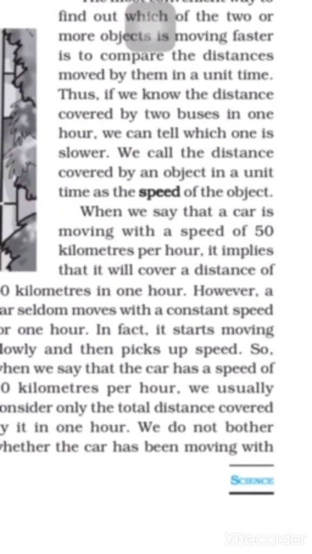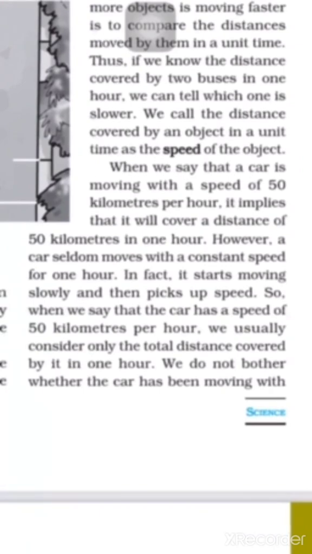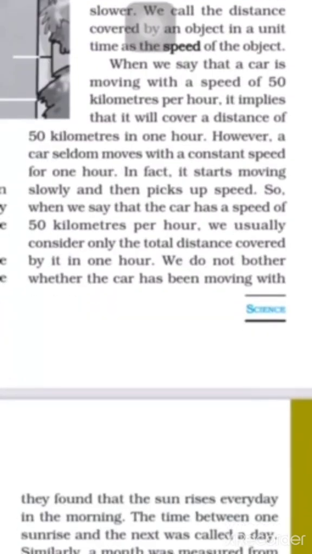The most convenient way to find out which of two or more objects is moving faster is to compare the distance moved by them in a unit time. Thus, if we know the distance covered by two buses in 1 hour, we can tell which one is slower. We call the distance covered by an object in a unit time the speed of the object.